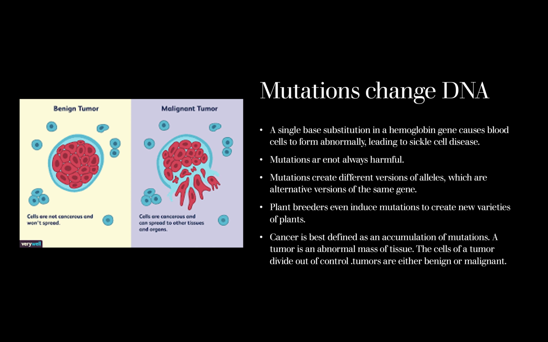Cancer is best defined as an accumulation of different mutations. A tumor is an abnormal mass of tissue, and that's from this accumulation of mutations. The cells of a tumor divide out of control, and tumors are either benign or malignant. Benign means basically not harmful, not cancerous, and malignant means cancerous.